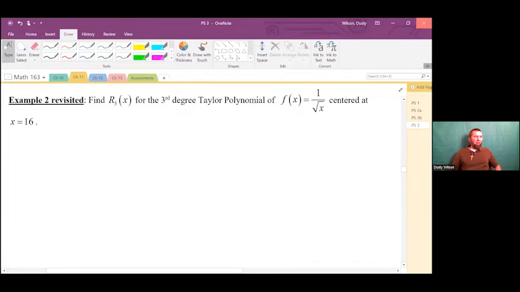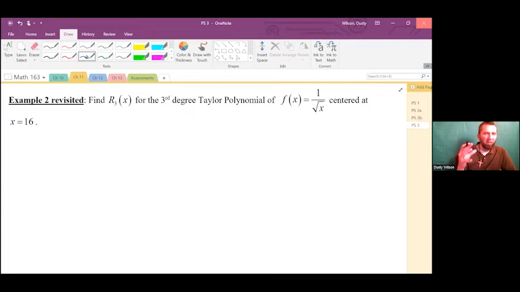So let's look back at our example 2 and try to understand this definition. Example 2 revisited. Find R3, the remainder, for the third degree Taylor polynomial of f of x equal to 1 over the square root of x, centered at x equals 16. So let's start by writing out the Taylor polynomial.